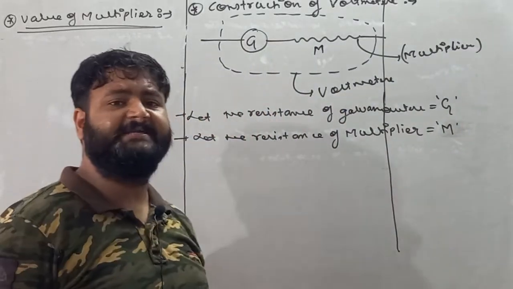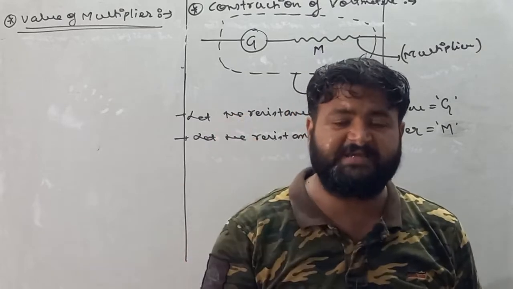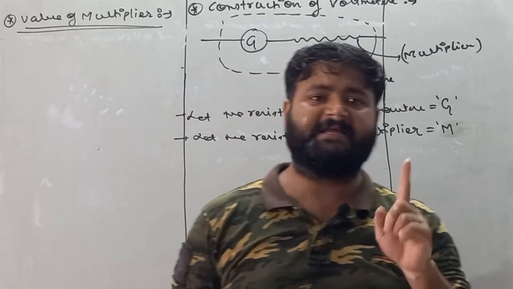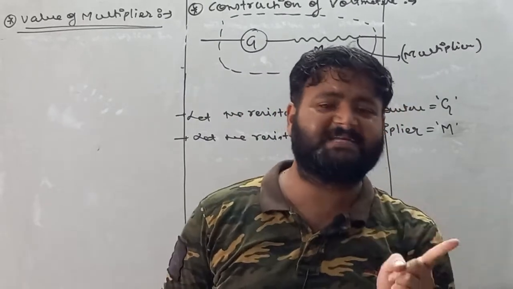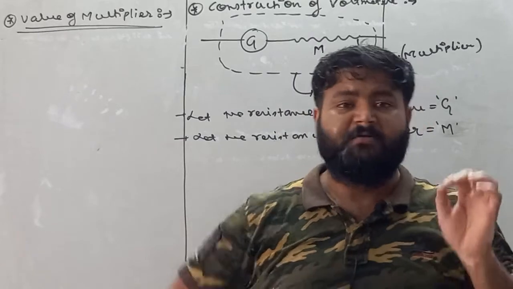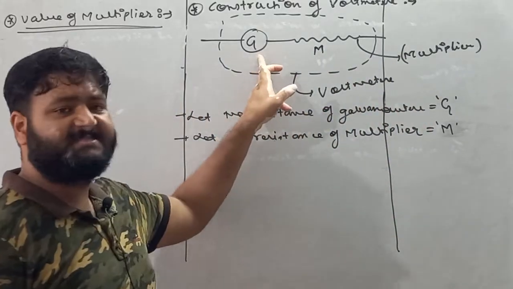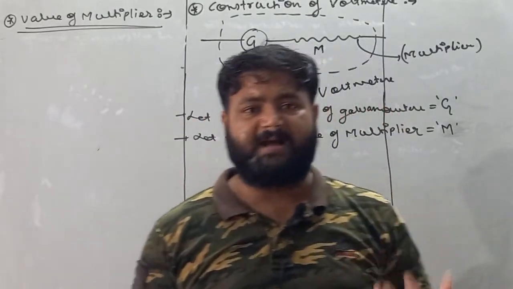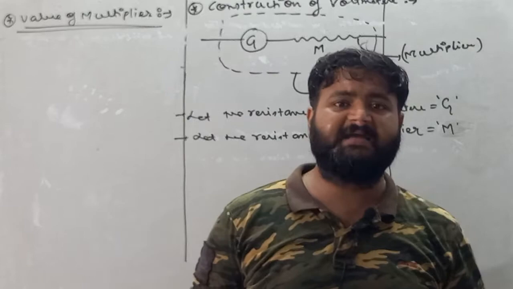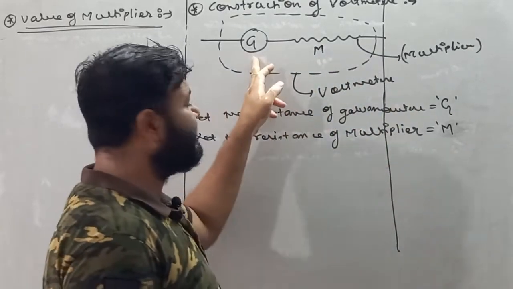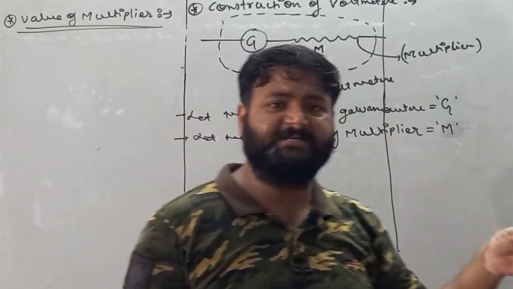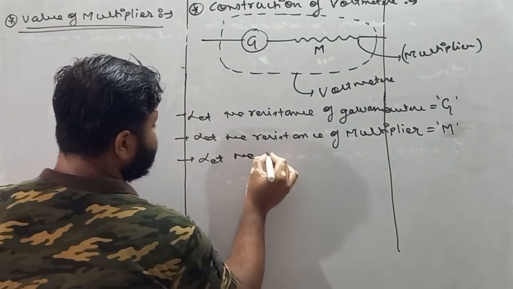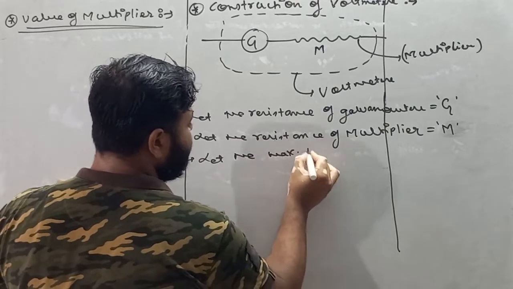Now, as we already discussed, every galvanometer has its own maximum deflection current, that current in which galvanometer shows full scale deflection. So see, my dear student, we have a galvanometer whose resistance is G, and I am considering Ig be the value of maximum current on which our galvanometer shows full scale deflection.